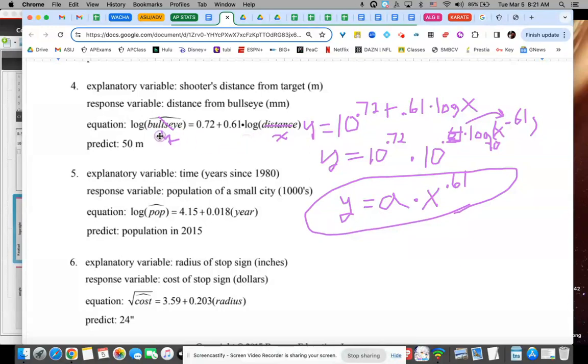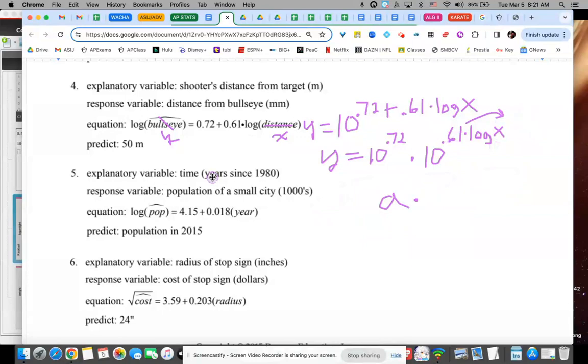It takes that curved data, makes it a straight line, and then undoes this using algebra rules, turning it into a power equation. So if you have the log on both sides of a linear equation, it's really a power equation. The power regression on your calculator will do the exact same thing, and it should come out very similar to what I just did.